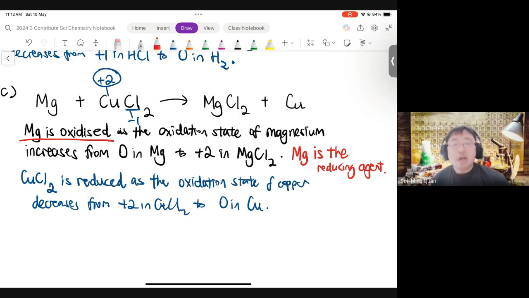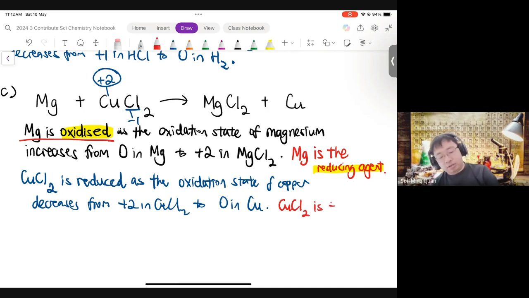Because once I determine what's oxidized or reduced, I will know immediately what is the oxidizing and reducing agent as well. So because Mg is itself oxidized, we also can conclude Mg must be the reducing agent. So the idea is the reducing agent is itself oxidized. I am myself oxidized. That's why I can reduce other people. Okay? So same here. What is the oxidizing agent?